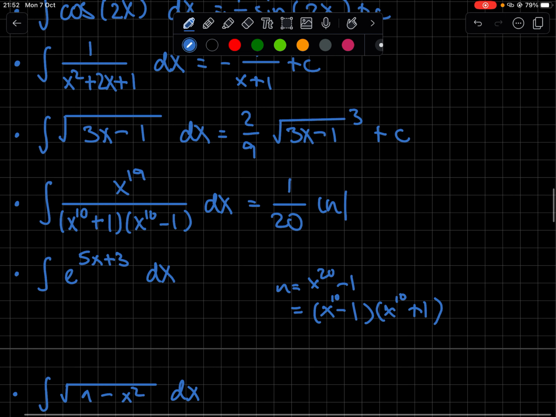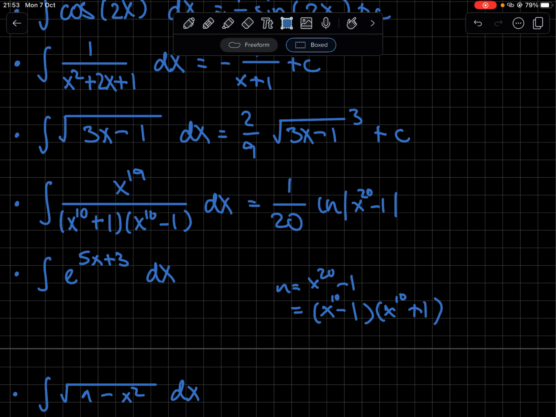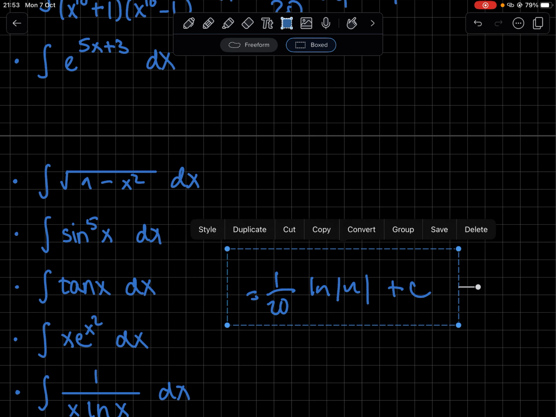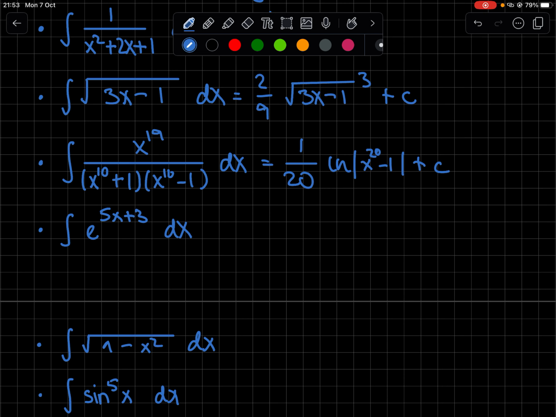So now that you're substituting u by its x expression, you can choose whether to write this or this form. They're both fine because they're equal. Personally, I'm going to go for x to the power of 20 minus 1 because it's shorter to write, but it's up to you. So ln of that in absolute value plus c, of course. Okay, and we should be done with that integral.